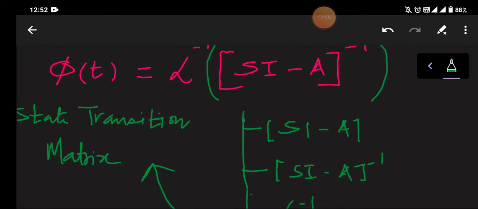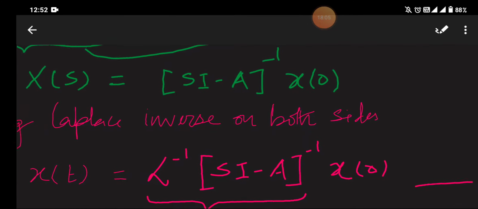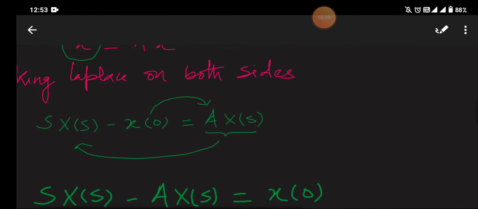Okay, so this is all for today's video lecture, and I hope you will understand this is a very important part for the analysis of state systems in state space.